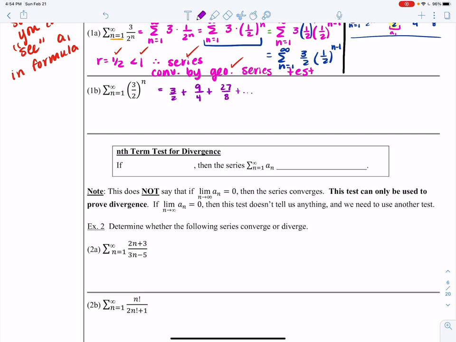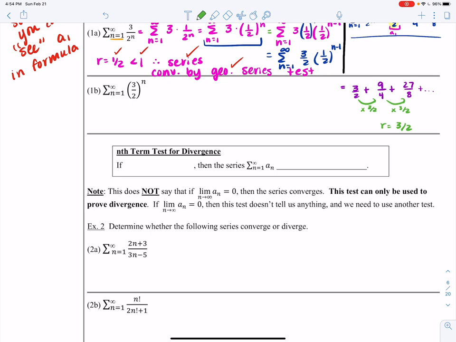And I'm going to ask myself, is this geometric? Yes, it's geometric. And I don't need to do anything else to prove that if I don't want to. This is enough to go, okay, it's geometric. Well, how do I know that it's geometric? It looks like every single time I am multiplying by 3 over 2, multiplying by 3 over 2. Therefore, my common ratio appears to be 3 over 2.